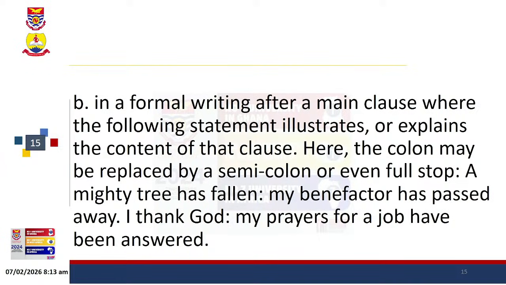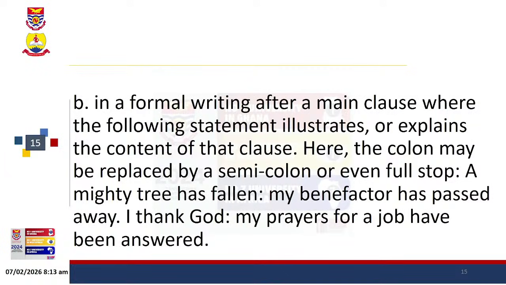What is the main clause in our examples? For instance, in the first one, a mighty tree has fallen. That is the main clause. The next statement explains or illustrates what we are saying by saying a mighty tree has fallen. So what is the content of that statement? A mighty tree has fallen. The content is introduced by a colon. My benefactor has passed on or away. I thank God. Why are you thanking God? Colon, my prayers for a job have been answered.